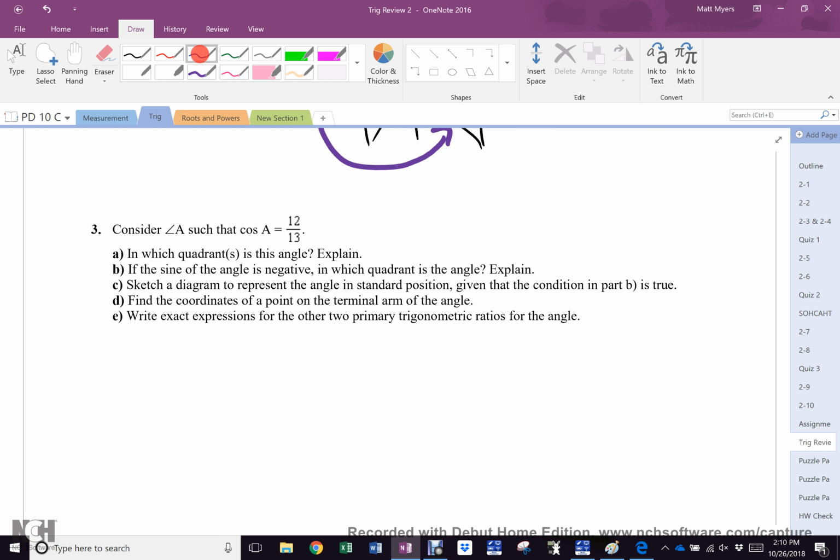Number 3A. Where is that quadrant? It has to be in 1 or 4 for 1 mark and an explanation. Why? Right. Cosine is only positive in those quadrants.